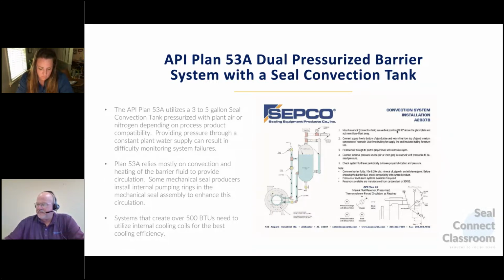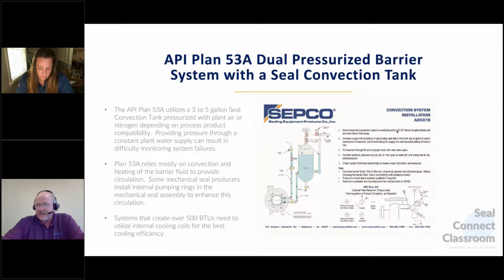One thing you have to be aware of when you do this is how many BTUs you generate. A typical tank will displace 300 BTUs.